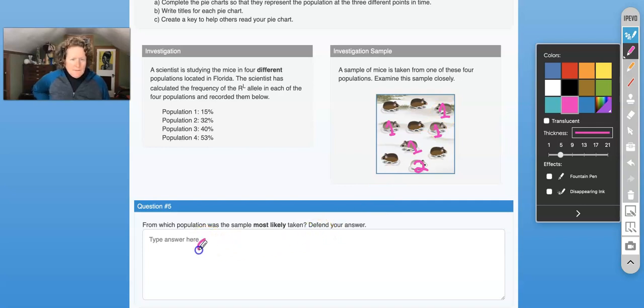So we have 6 light alleles over 20 total alleles, because there's 10 mice times 2 is 20. And then that's T for total. And then if we multiply that times 100, I believe we'll get 30%.